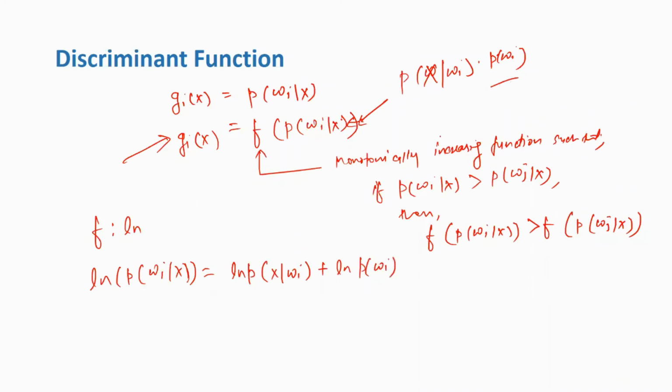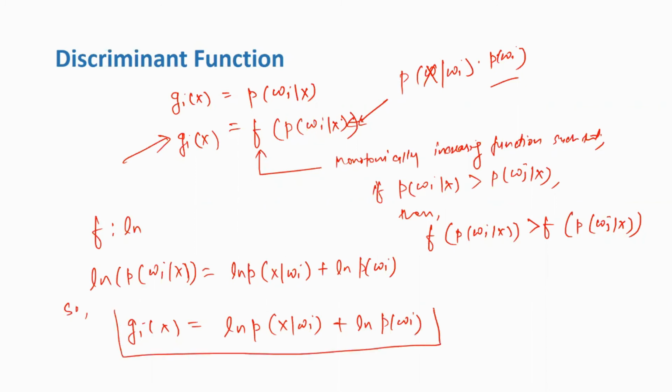From here, the final g_i(x) will become ln of p(x given omega i) plus ln of p(omega i), and this is what is called your discriminant function.